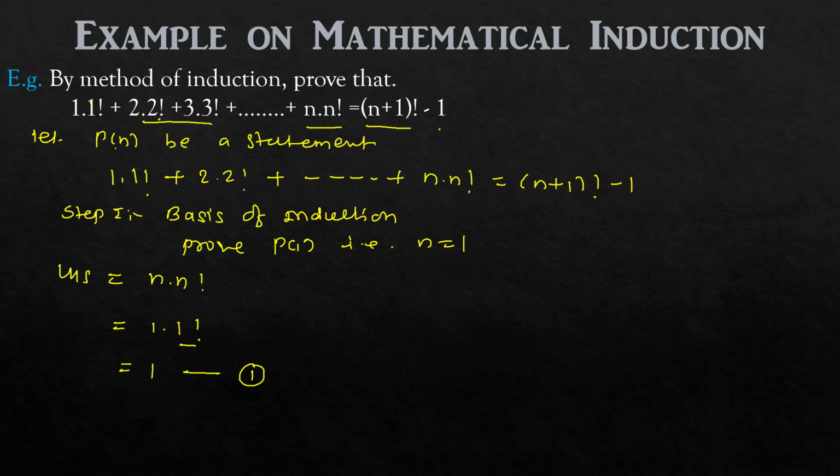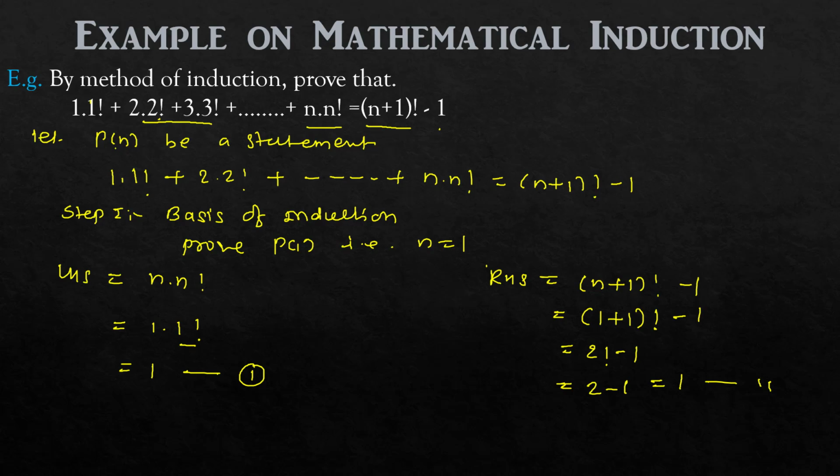Now go for RHS. What is RHS? RHS is equal to n plus 1 factorial minus 1. With n equal to 1, it is 1 plus 1 factorial minus 1, that is 2 factorial minus 1. 2 factorial is equal to 2, so 2 minus 1 is equal to 1, equation number 2.